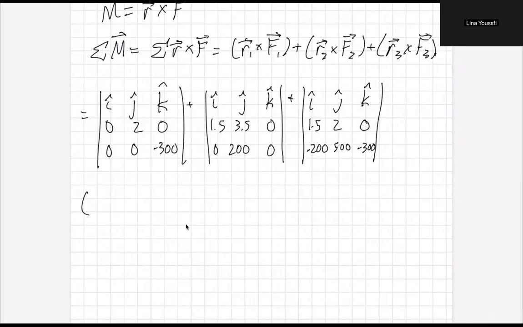For this one, in the I hat, if I ignore this row, I take the cross here, that's a negative 600 minus 0. So I'm not going to write that. Negative 600 I hat. Now I'm going to do the J row.